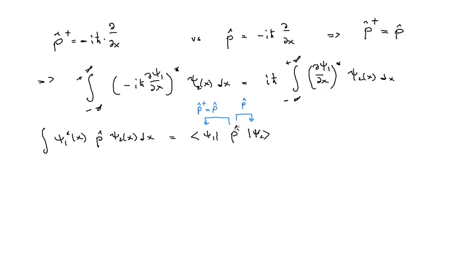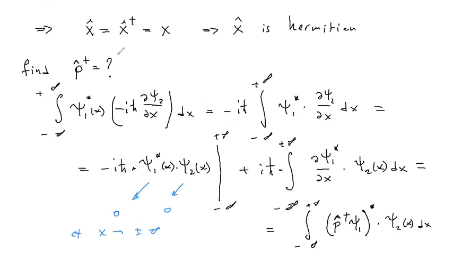If your operator is not Hermitian, then it's going to be a difference when you act to the left or when you act to the right. But for Hermitian operators, you don't care in which direction you act with your operators.